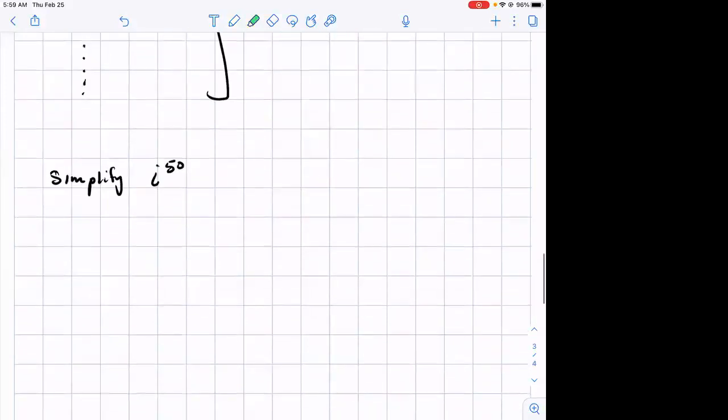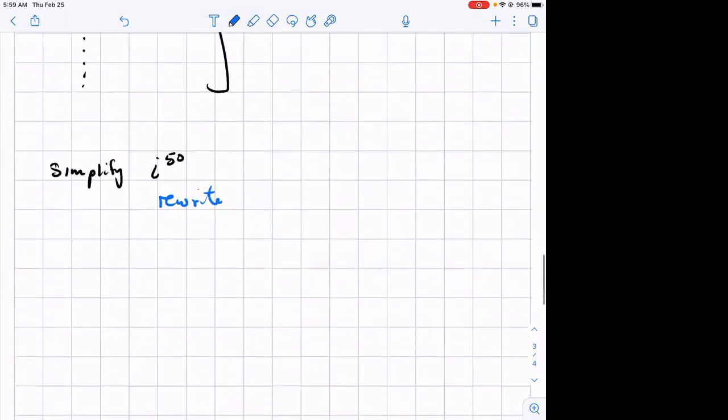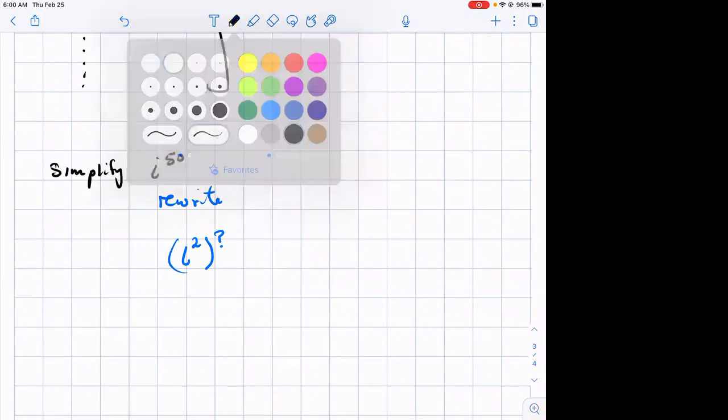Now, if I ask you to simplify i to the 50th power, well, let's rewrite this as i squared, and I said i squared is very important here, as i to the 2nd power raised to some power. So what do you multiply 2 by to get 50? And that becomes 25.